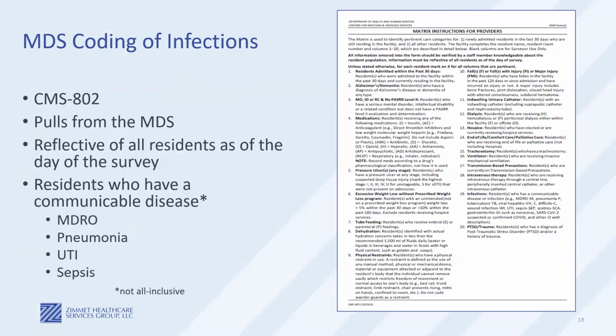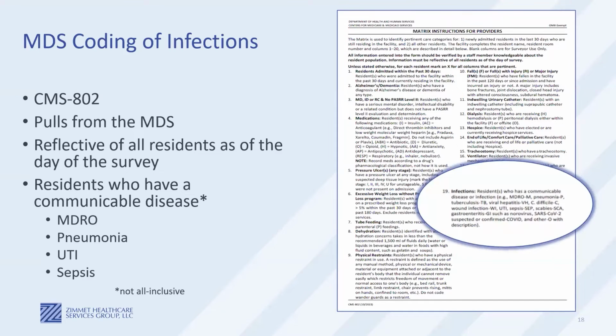We also, and hopefully this is not upsetting to too many people, have our CMS 802 that has all of our infections listed. It pulls from the MDS if you use an EMR to do this. Back in the day, we used a pencil, or at least I did, a pencil and the instructions and going through all the residents' charts to fill this out correctly.